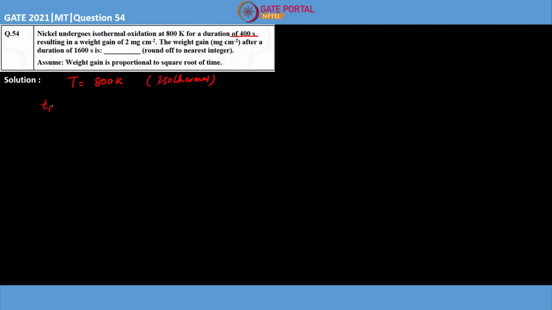So let's take it as T1 is equal to 400 seconds, and in this case we have weight gain, let's assume it as W1, 2 milligram per centimeter square, and in other case we have been given time T2 is equal to 1600 seconds, but we have to calculate W2 in milligram per centimeter square. And one more thing we have been given is weight gain is proportional to a square root of time.